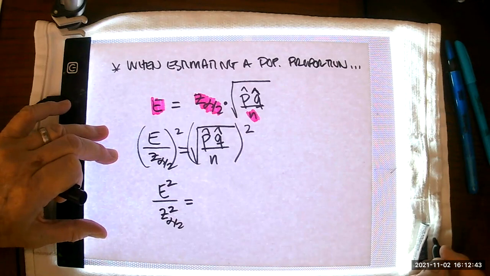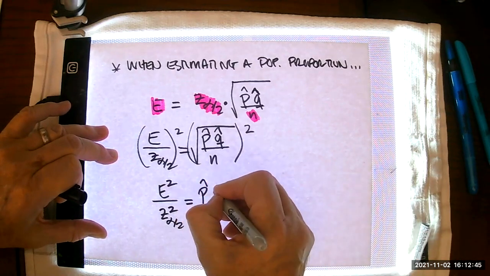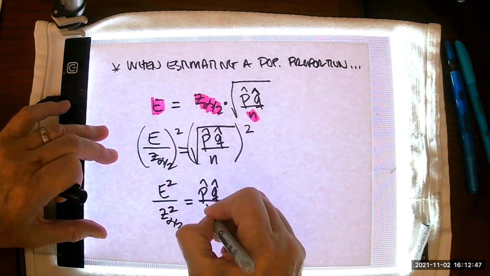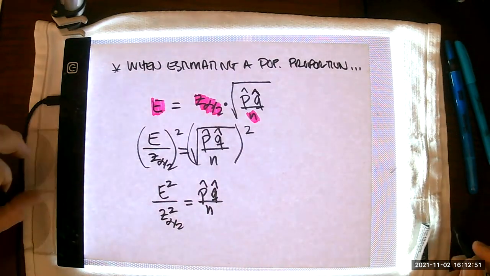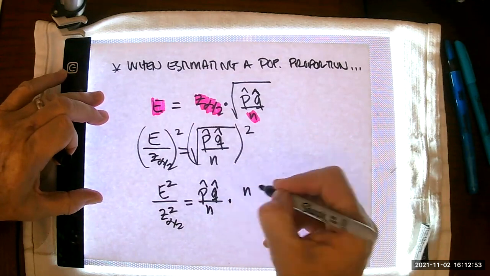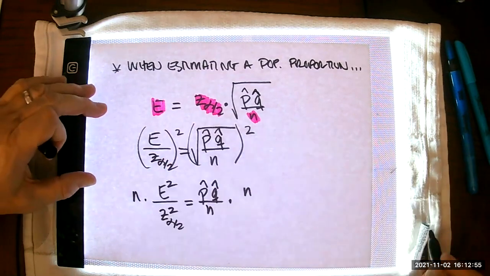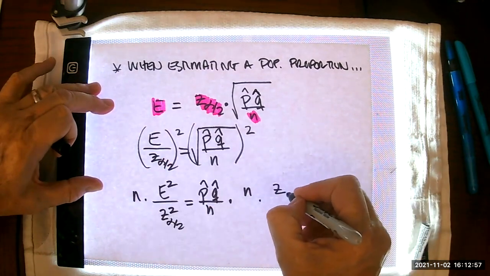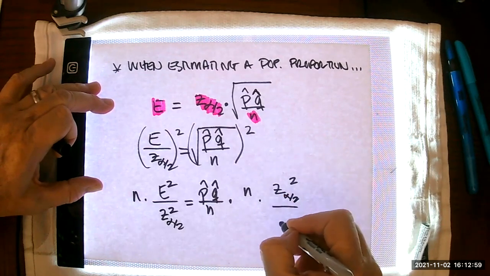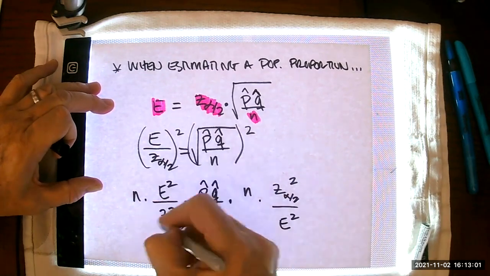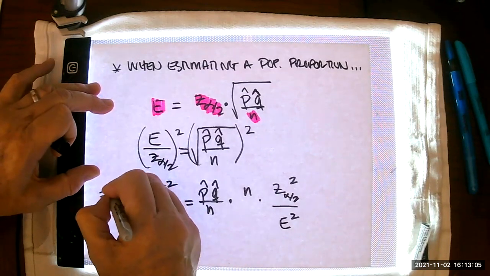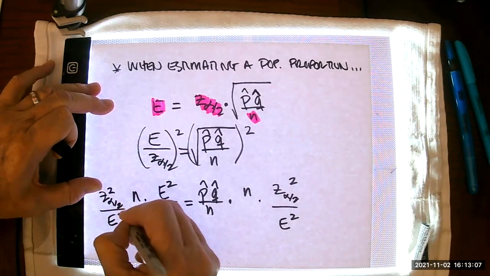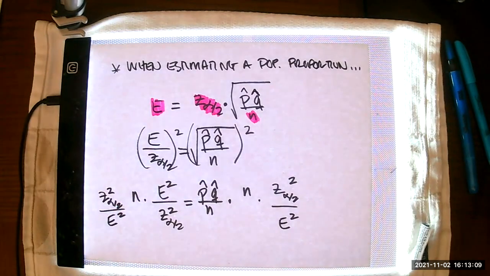On the right-hand side, we have the p hat, the q hat, and the n. Now, at this point, I can multiply both sides by n to clear that fraction and by the reciprocal of this object here. So the reciprocal, z alpha over 2 squared divided by E squared.